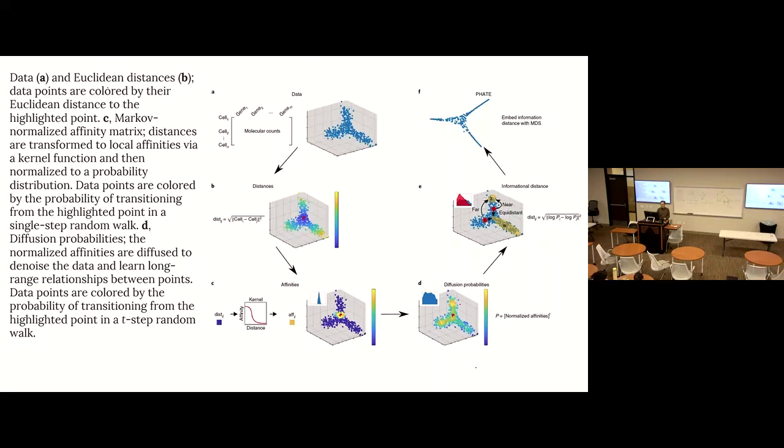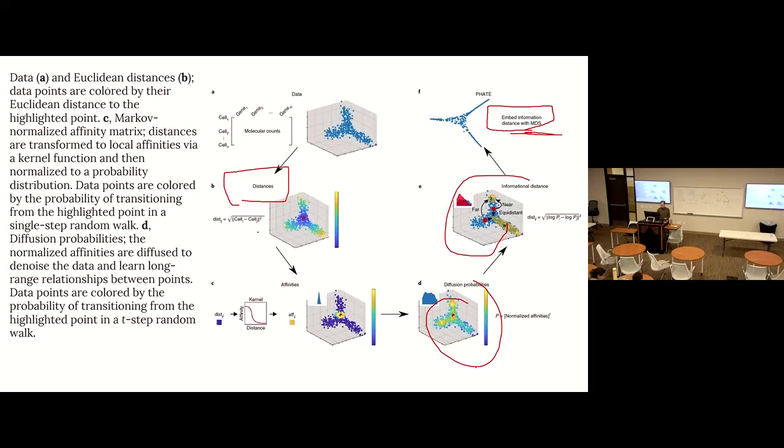Then you get the distance matrix, and then use MDS. So as I said, PHATE is an algorithm based on MDS. It starts with a distance matrix between cells.